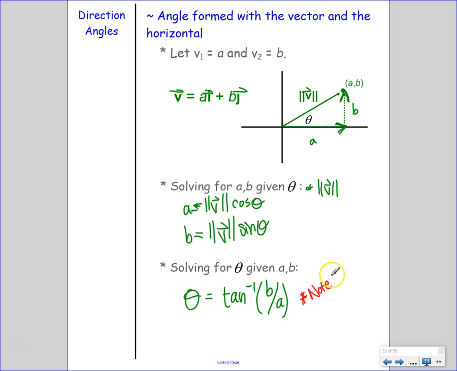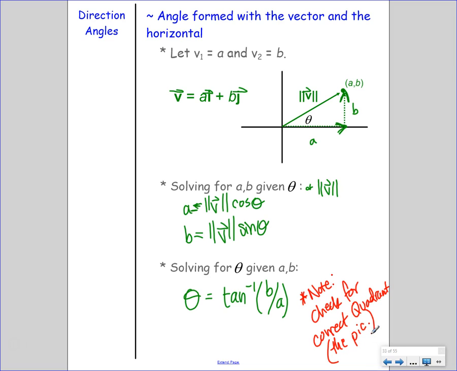Check for the correct quadrant. Check the pick. What do I mean?